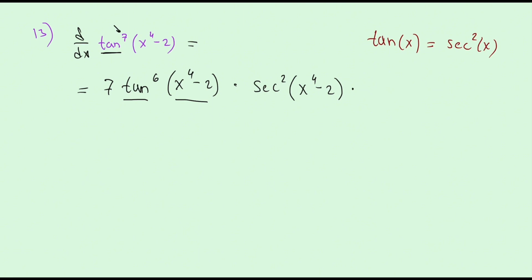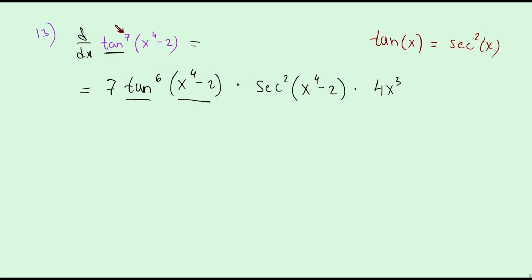Now we'll multiply by the derivative of the very inner function, which is going to be 4x raised to the cubed power. So as you see, first we're deriving the very outer function, which was the power 7. Then we're deriving the inner function, which is tangent function. And then we're deriving the very inner function, which is x to the 4 minus 2.